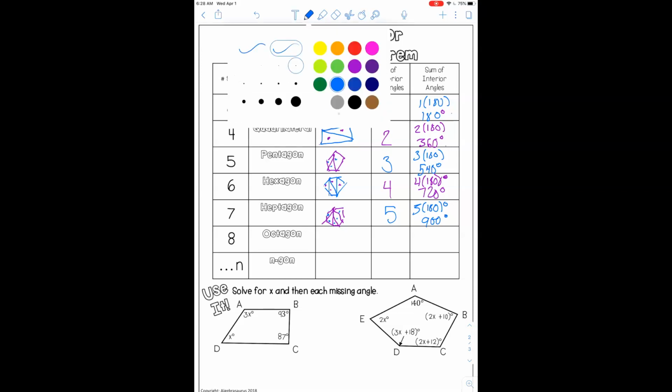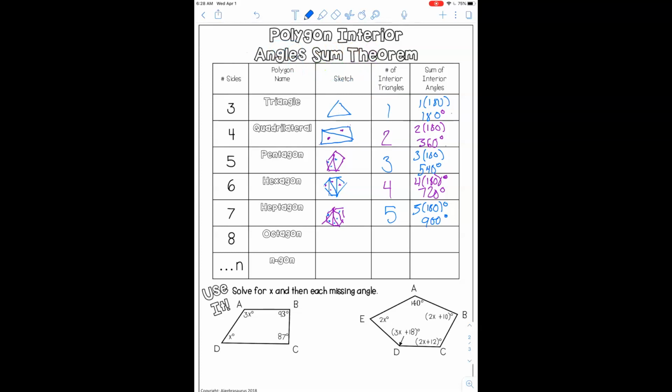And then we have our octagon. So we have 1, 2, 3, 4, 5, 6, 7, 8. Ooh, that's a horrible octagon.